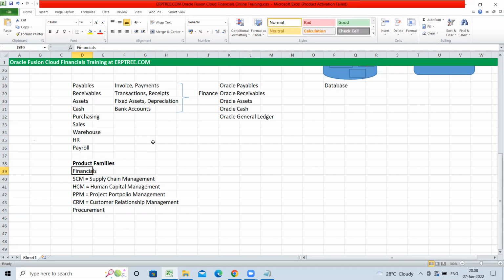In financials, there is a set of applications like payables, receivables, assets, cash and general ledger. The same way, within the supply chain management product family, we have a set of applications like Oracle Inventory, Oracle Purchasing, and Oracle Orders, or order management application. As an introduction I am giving very brief information.